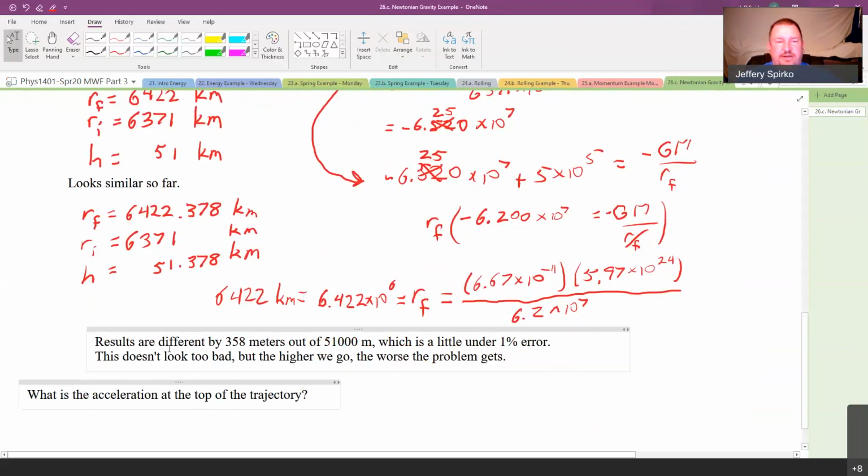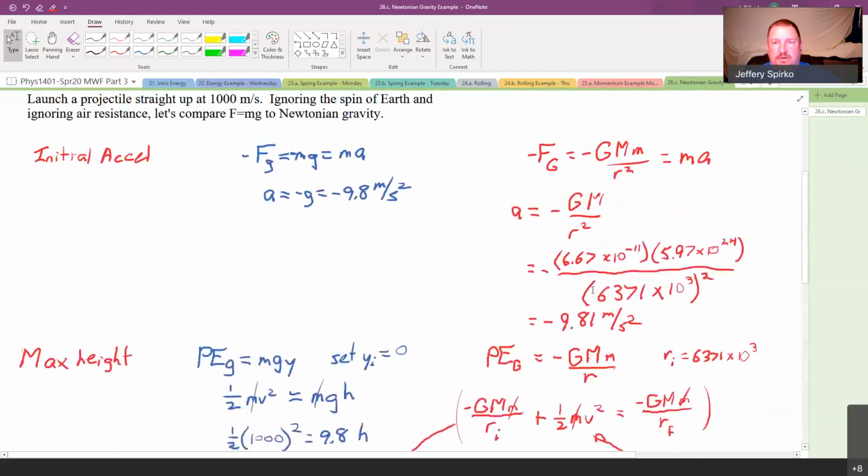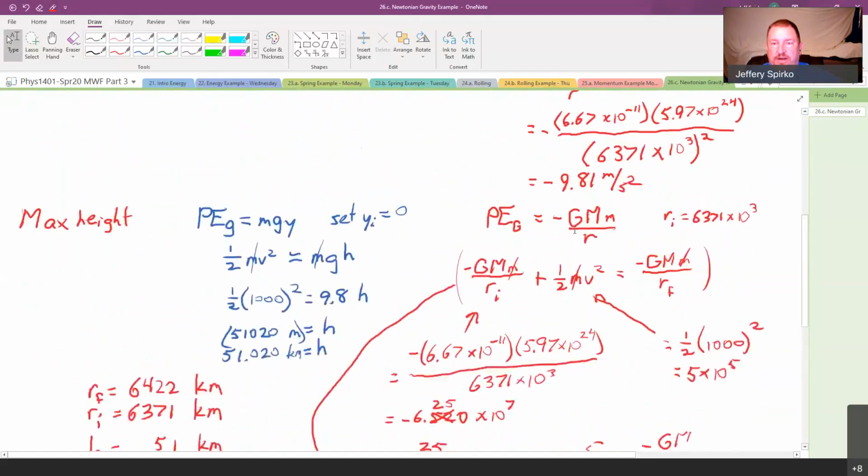Let's find the acceleration at the top of the trajectory by both methods. So using lowercase g, we just have a equals minus g equals minus 9.8 meters per second squared. Using Newtonian gravity, capital G, a equals minus GM over r squared.